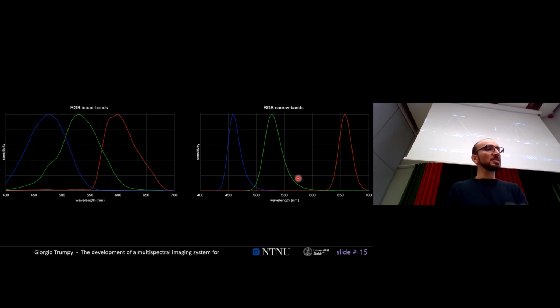Mostly film scanners, many of them, tend to use these narrow RGB bands with parts that are not covered by the sensitivity of the system, while the majority of color sensors use spectral bands that overlap.